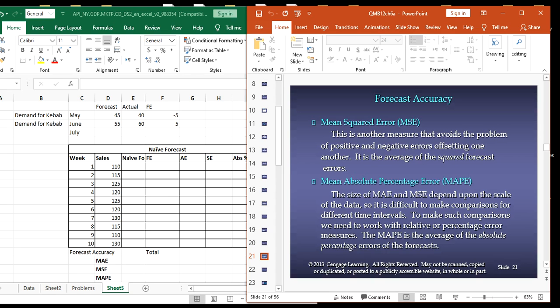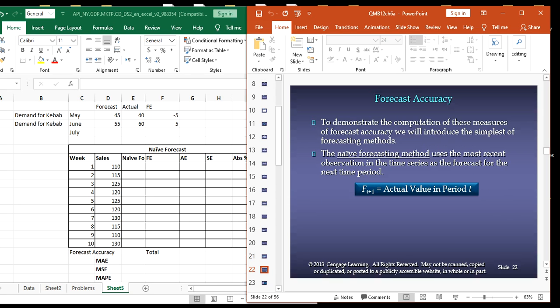Okay, so squared errors is also another very, very important one. Okay, and then we calculate the mean absolute percentage error. Okay, so the mean of the absolute percentage errors. Okay, these are very helpful to give us the best forecasting.